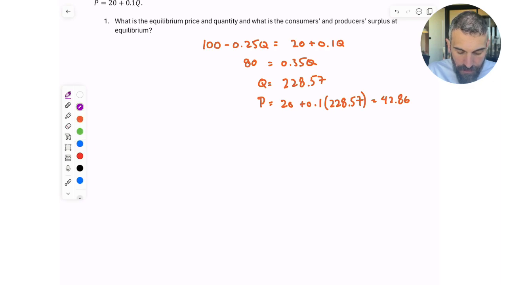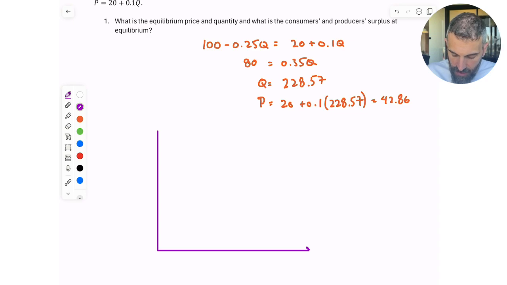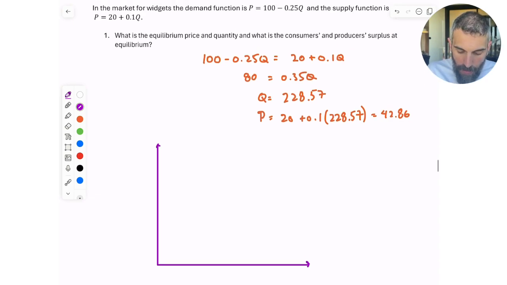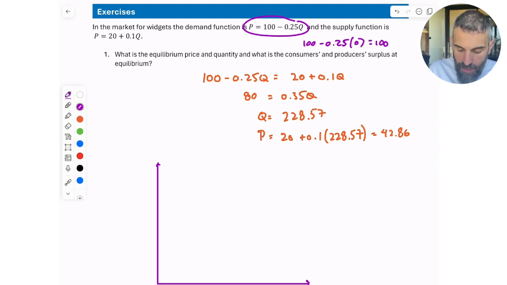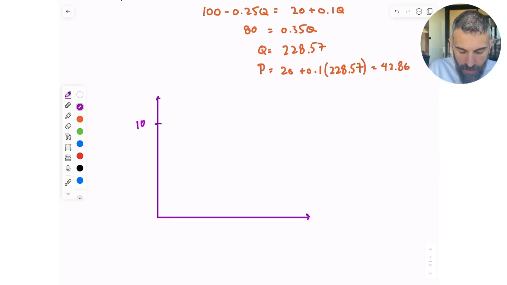Perfect. Now, as far as consumers and producer surplus, for this, you're going to need to sketch your graph. And so we need, first of all, to sketch the demand curve. So if you take your demand curve and plug in quantity as 0, you're going to get the y-intercept. So you plug in your quantity as 0, you're going to get 100. So you know your y-intercept up here is 100, right? This is price and this is quantity.